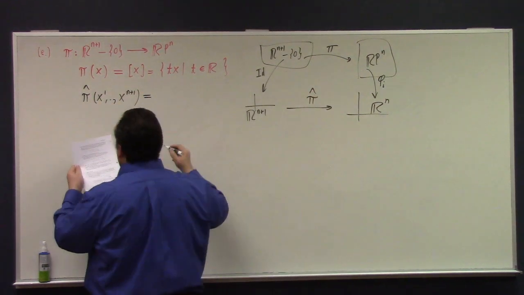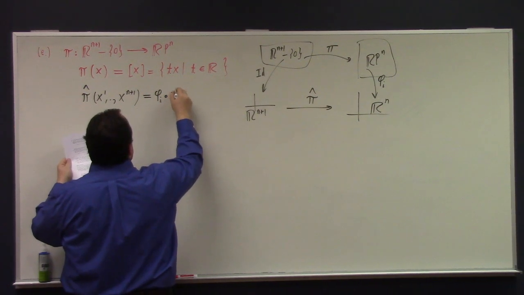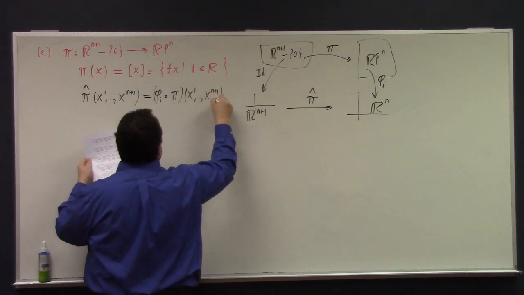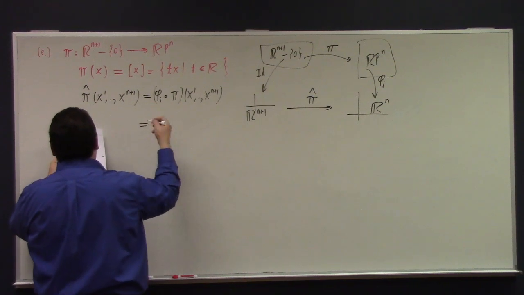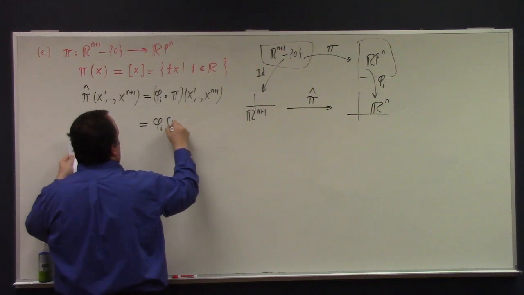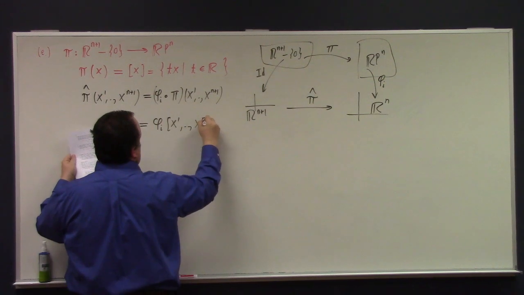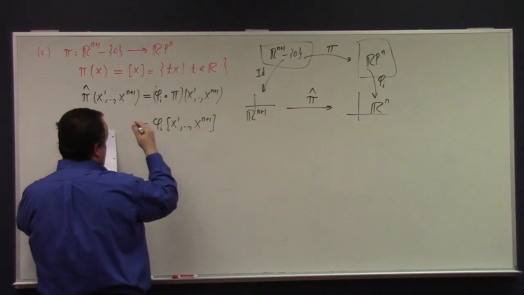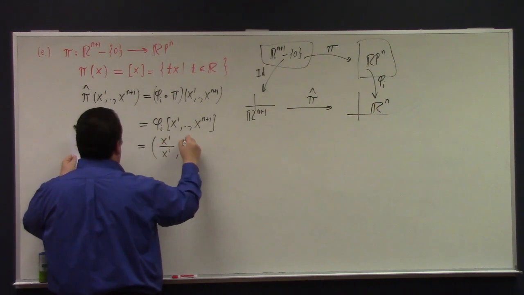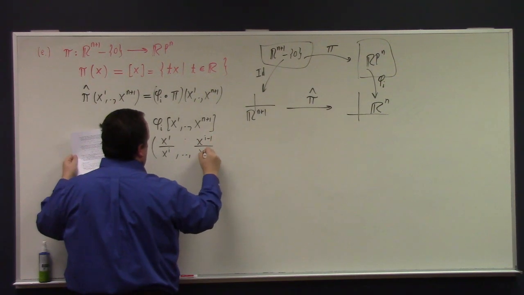And so pi hat is going to be phi composed with pi, fed this x1 through x_(n+1), which when we sort through the definitions that we have looked at is phi of the line with homogeneous coordinates x1 through x_(n+1), which by definition was x1 over xi, dot dot dot, x_(i-1) over xi.